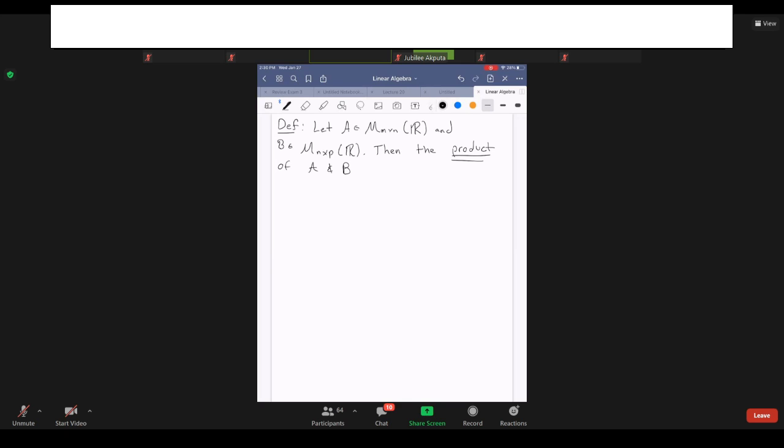So it is defined as this. So this is how we define it. So we take A times B, right? How can we multiply matrices? Well, first thing we can do is we partition B into column vectors.